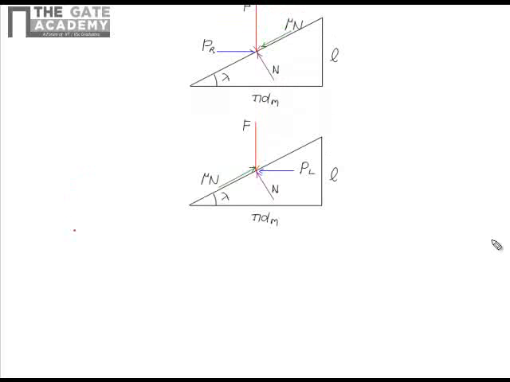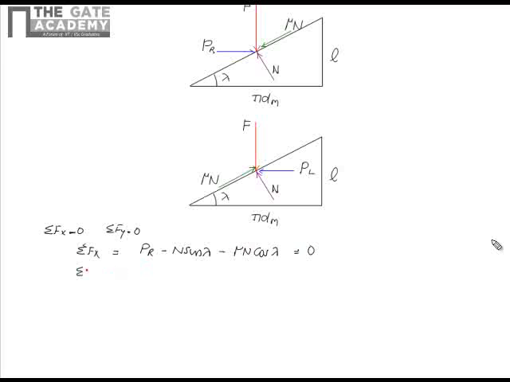In this case, we apply the static equilibrium equations, that is, sigma Fx equals 0 and sigma Fy equals 0. Equating all components of force in the x direction, we get sigma Fx equals PR minus n sin lambda minus mu n cos lambda, and this becomes equal to 0.